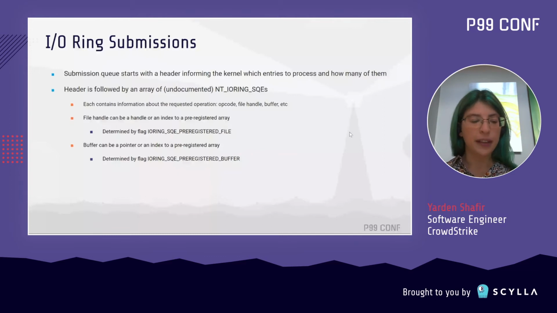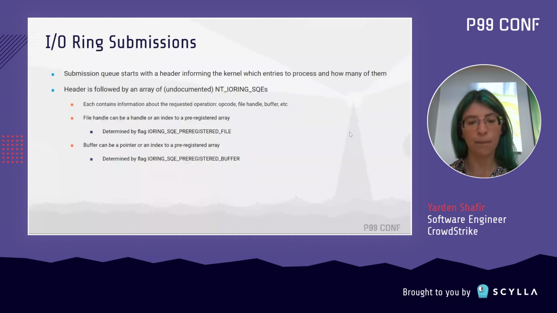Now, when you submit an IO ring for processing, you don't necessarily need to fill in all the IO ring entries. You can set up a ring that supports up to 1,000 entries and only submit 1 or 2 or 5. You can also write more entries than you're going to submit.